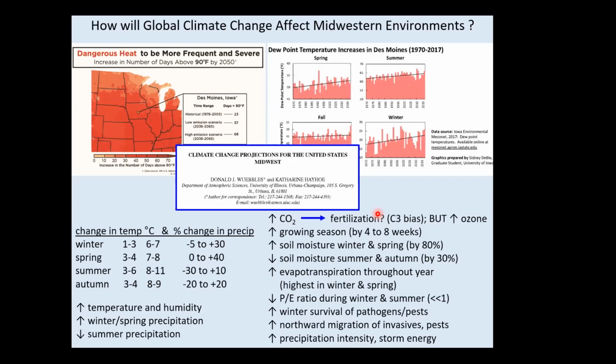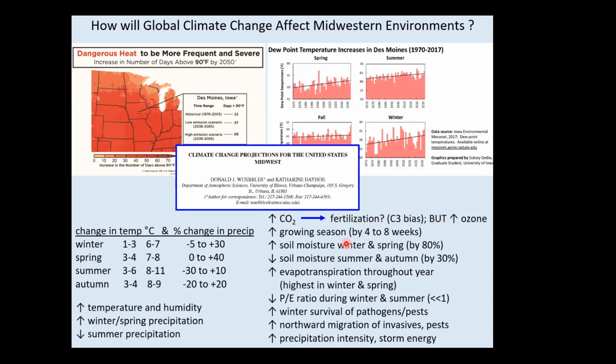What this suggests is that this could favor the non-native cool season invasive grasses over the C4 grasses. But there's a big but here, because climate change will also bring an increase in the amount of ozone, and that causes stress on plants. So this increased fertilization may not actually materialize because of more stress.